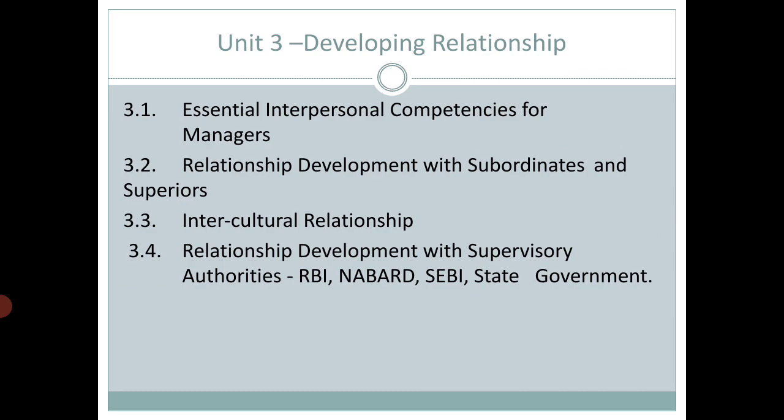The person who issues you the orders is called a superior, and the person who obeys your orders is called a subordinate. So here you need to remember all those points which make the relationship between subordinate and superior strong.